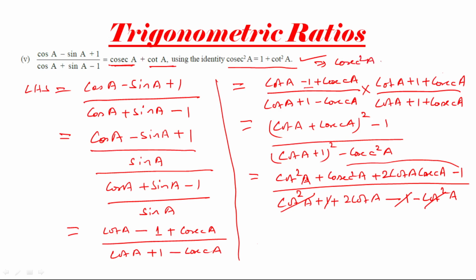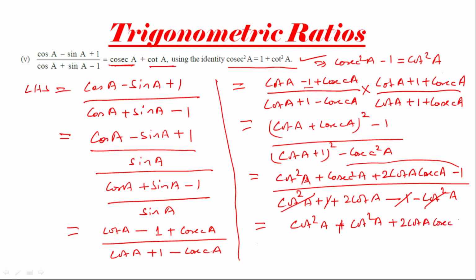Cosecant square A minus 1 is equal to cot square A. Okay. So we can very well write cot square A plus, due to this cosecant square A and minus 1, so further we can write cot square A plus 2 cot A cosecant A. Okay, let me write directly.